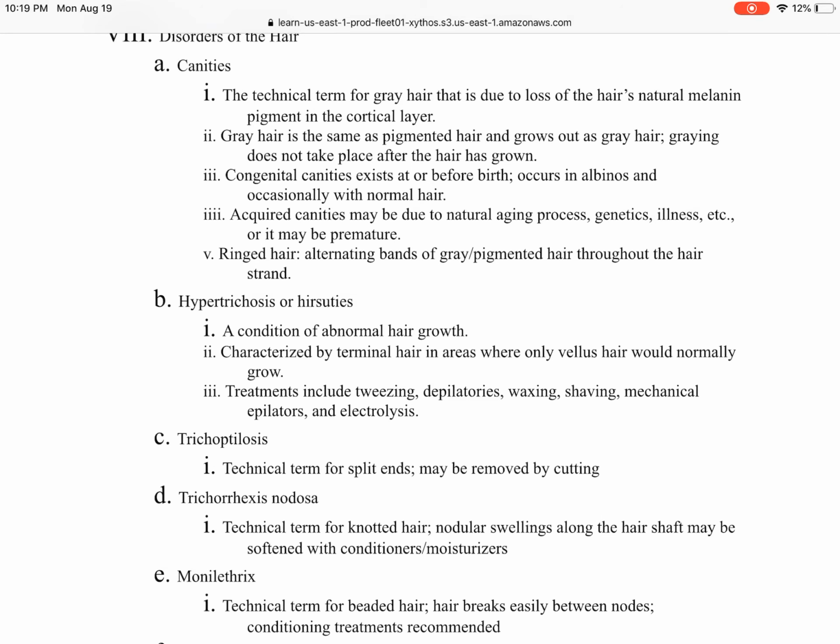So you have terminal hair where your eyebrows may be, or anything of that nature. Treatments include tweezing, depilatories, waxing, shaving, mechanical epilators, or electrolysis.